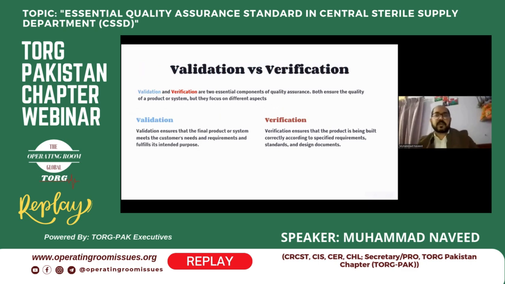Here are two more terms we are using in our presentation: validation and verification. They are most important because we are using different processes in our CSSD. These terms are very critical and essential components of quality assurance. So what is validation? Validation ensures that the final product or system meets the customer's needs.